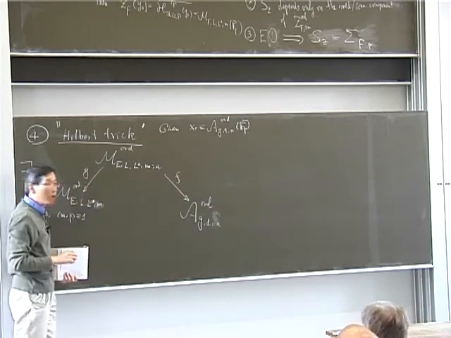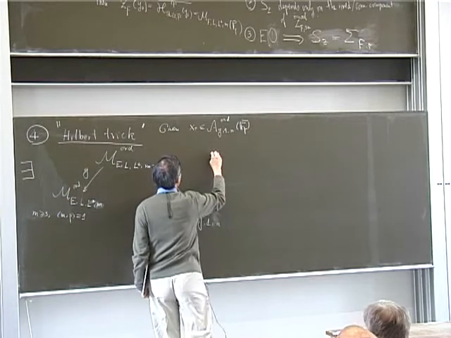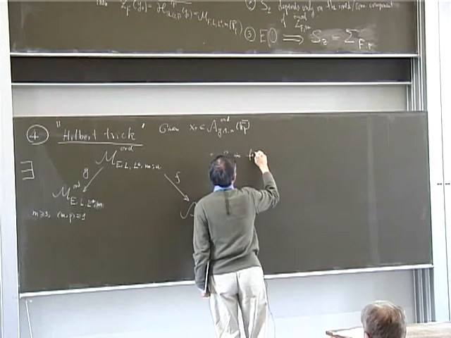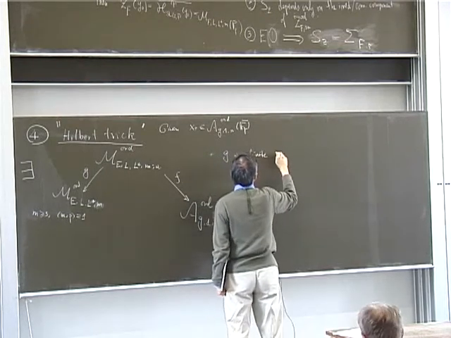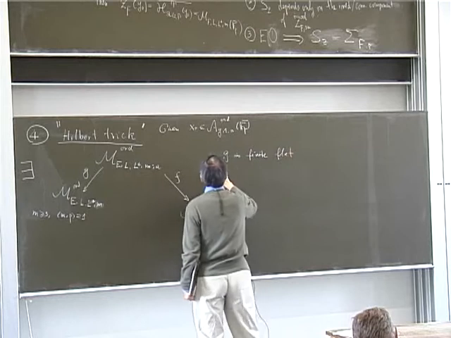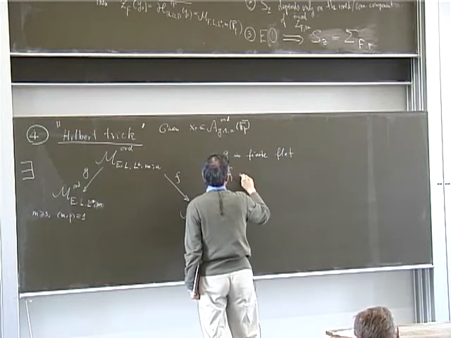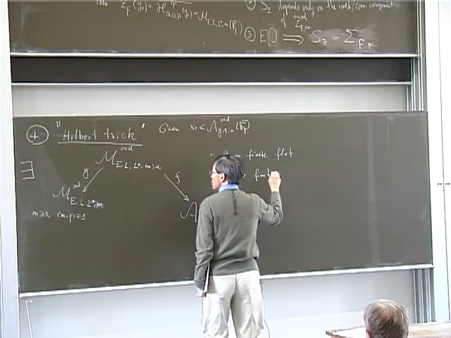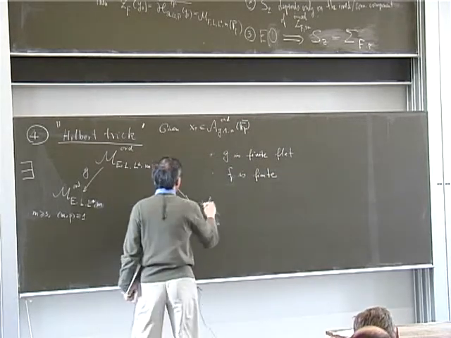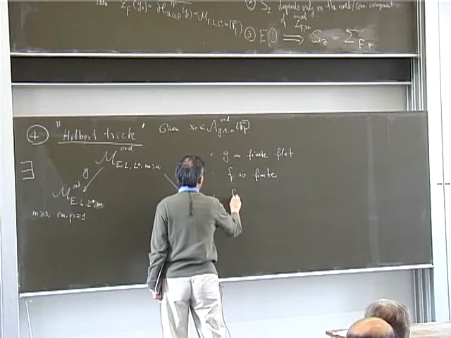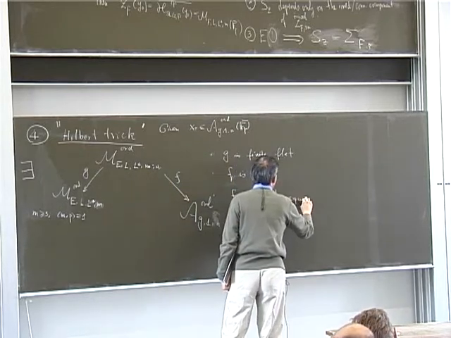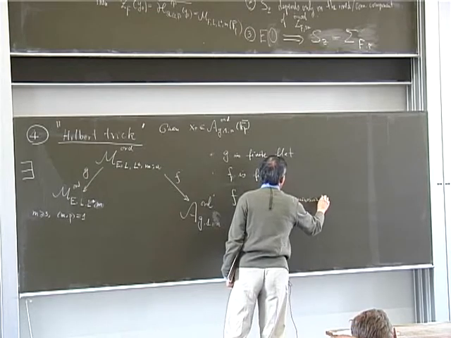What are the properties that I want? I want that G is finite flat, and F is finite. And this map F is Hecke equivariant. What does that mean?